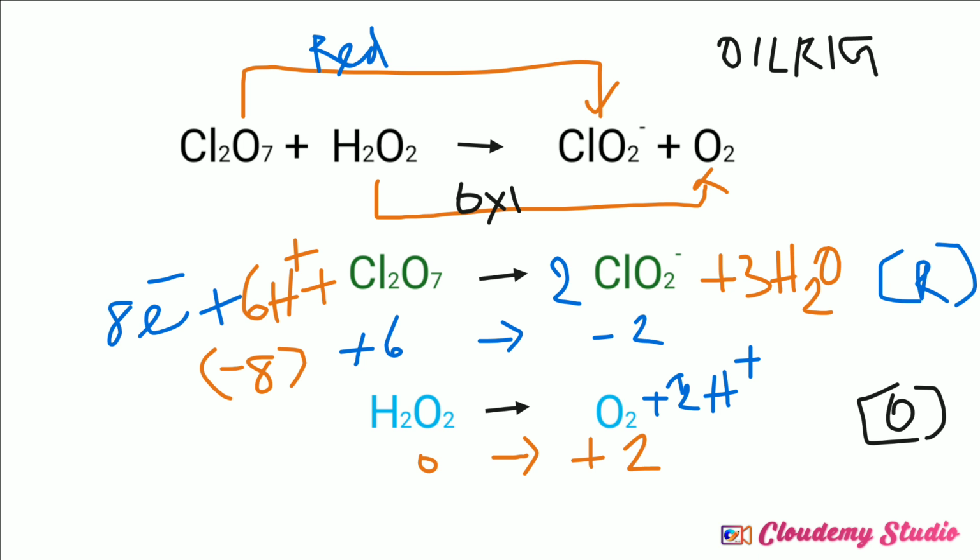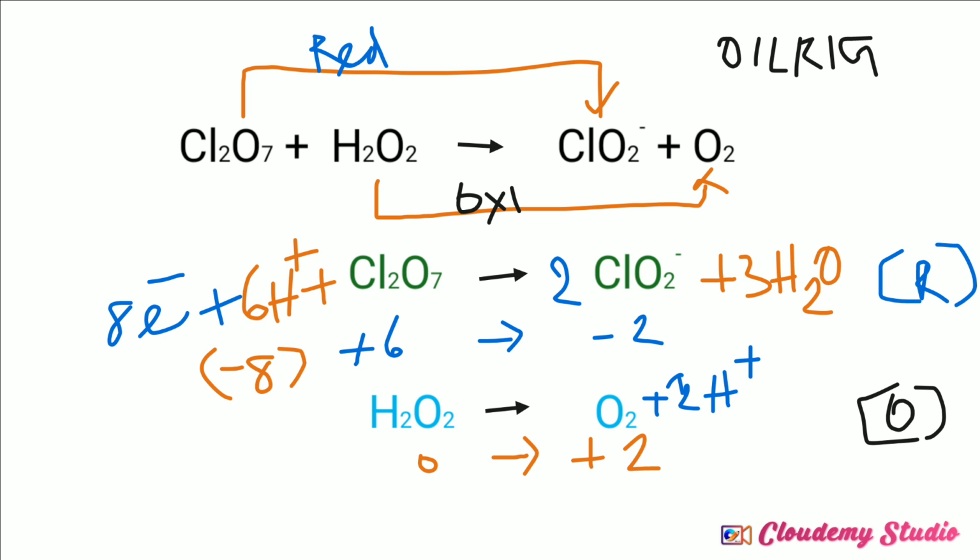But the left hand side is 0. This half reaction is the oxidation reaction, and oxidation is loss of electrons. So we need to add electrons on the right hand side in order to balance the charges.